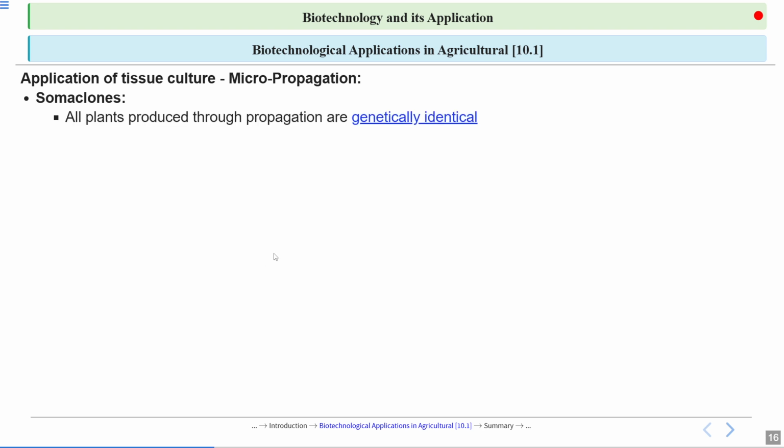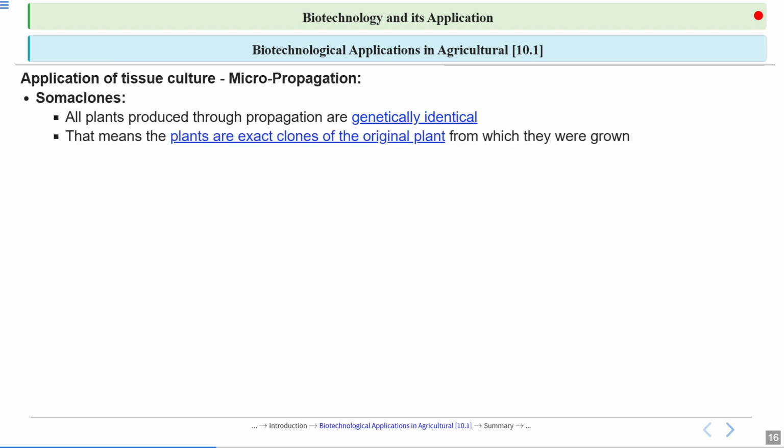All the plants which we produce through propagation, because we have taken this tissue from a parent plant only, are genetically identical. They are genetically similar to each other.